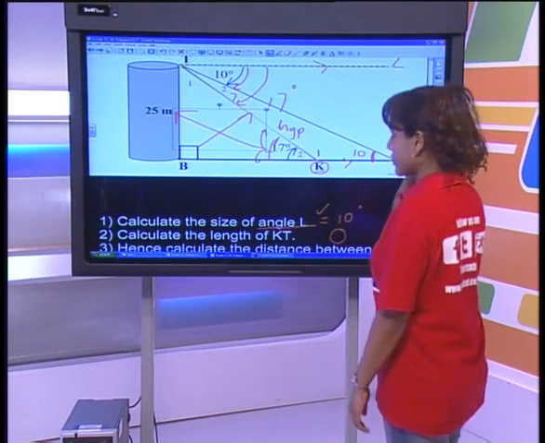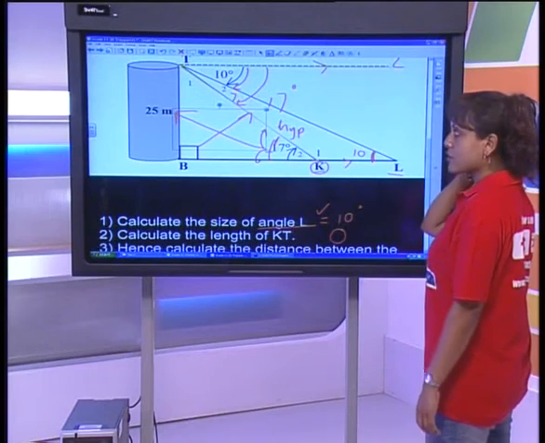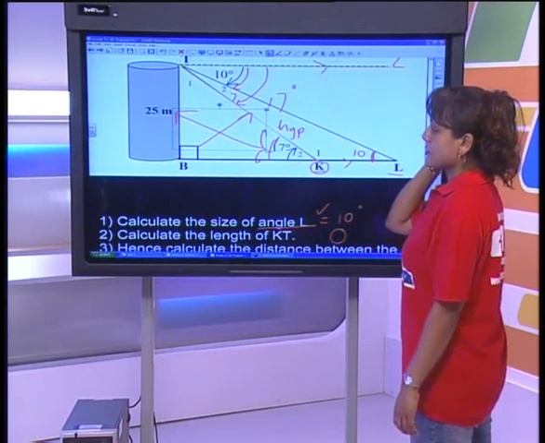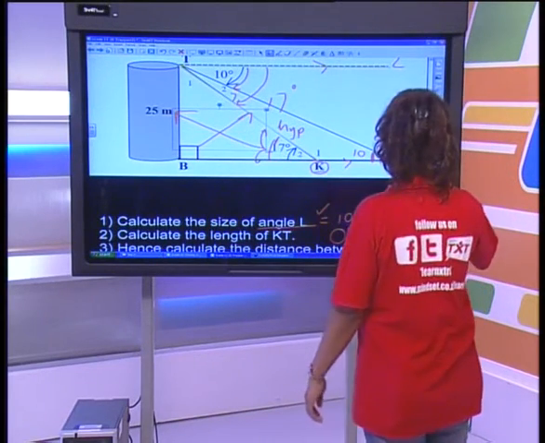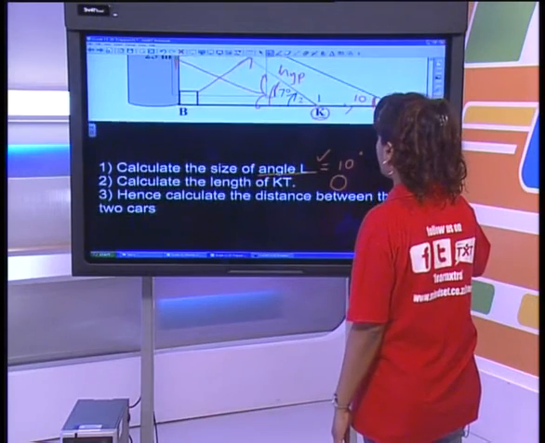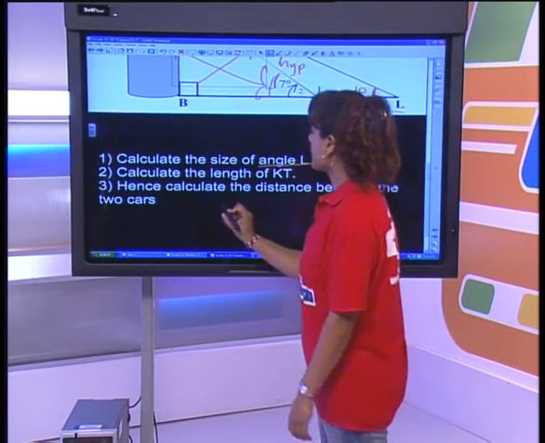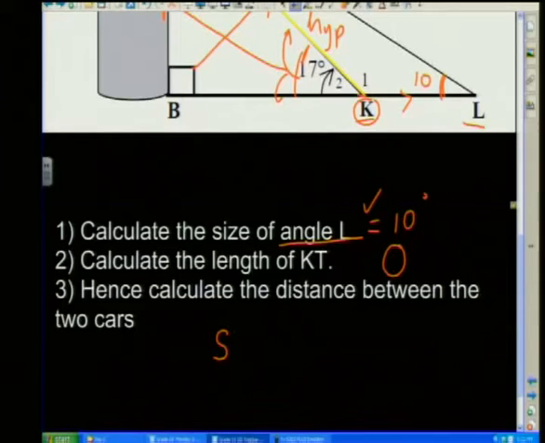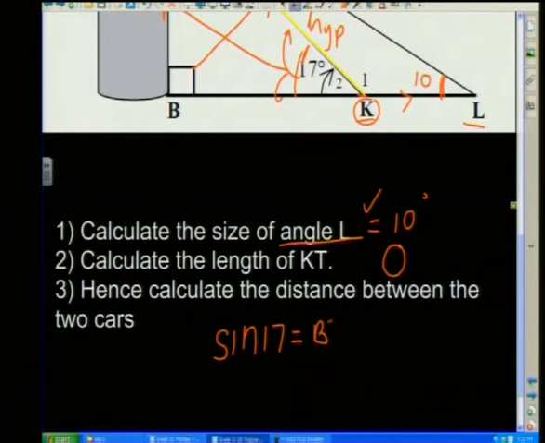So the side we are looking for is actually the hypotenuse, and TB is the opposite. So what ratio are we going to use? Opposite over hypotenuse is sine. So sine of 17 is opposite, which is BT, over hypotenuse, which is KT.